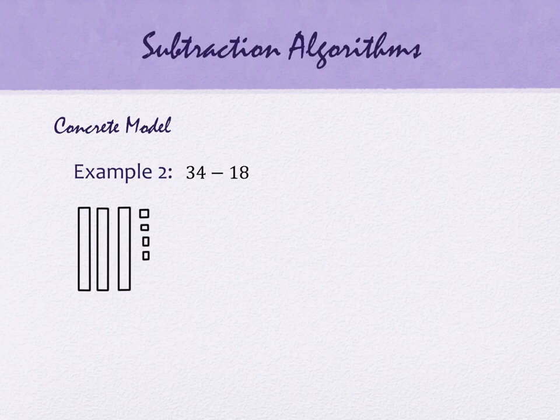Well, 18 is one long. That's no problem. I can take away a long from here. There's lots of longs to take from. But I need to take away 8 units, and I don't have 8 units. I only have 4 units.